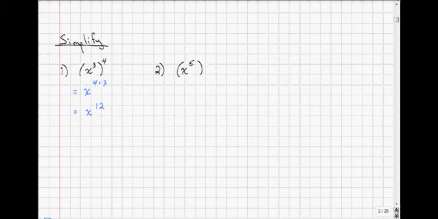X to the 5th to the 4th power would be x to the 4 times 5, or x to the 20th power, because we have 4 groups of 5 x's all multiplied together.